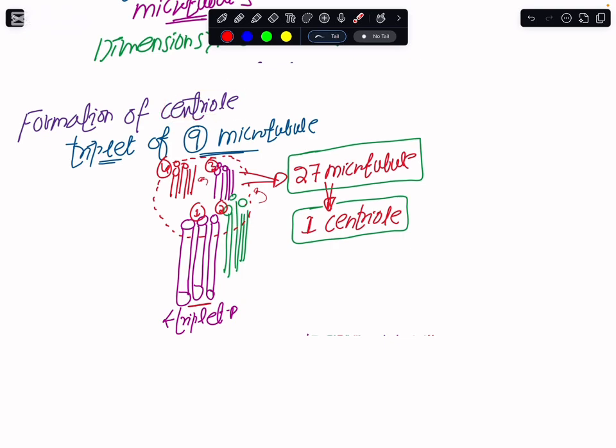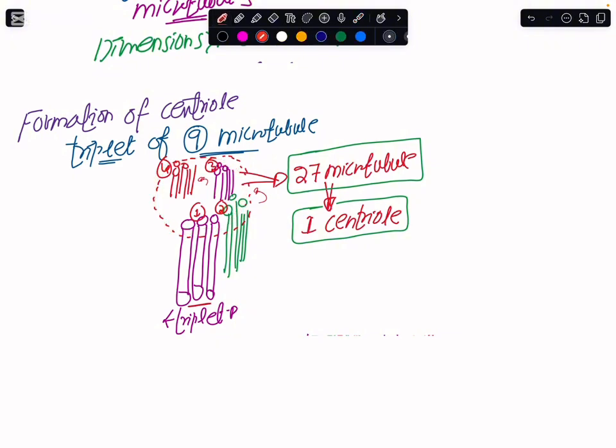You see this is one microtubule, this is the second microtubule, this is the third microtubule, and overall this becomes a triplet of microtubules. If I take nine such triplets, this is one triplet, this is the second triplet, this is the third triplet, and if I keep arranging nine triplets, we make up one centriole.